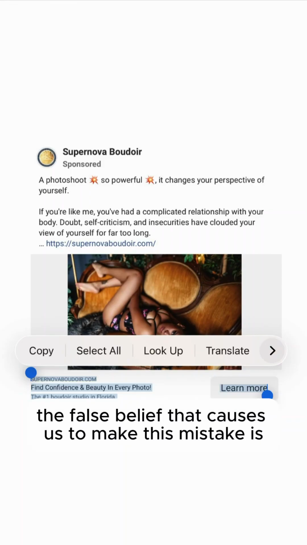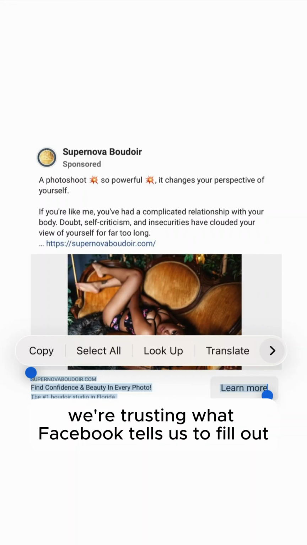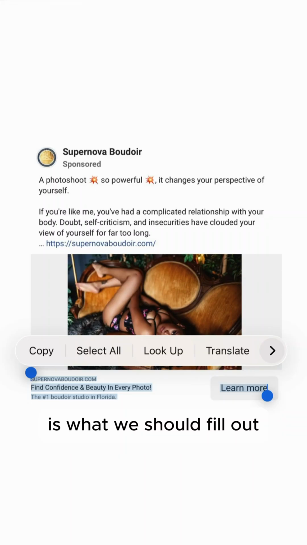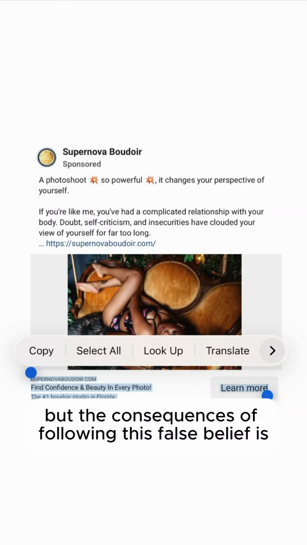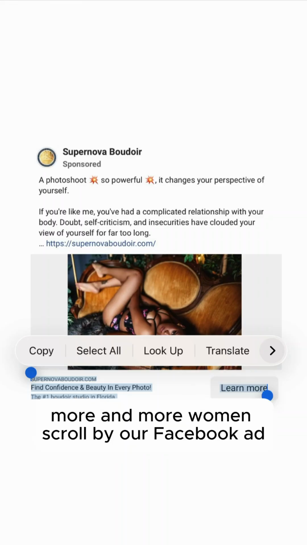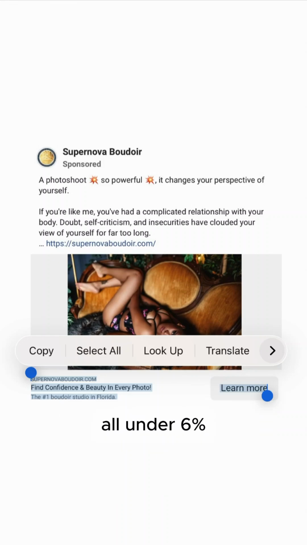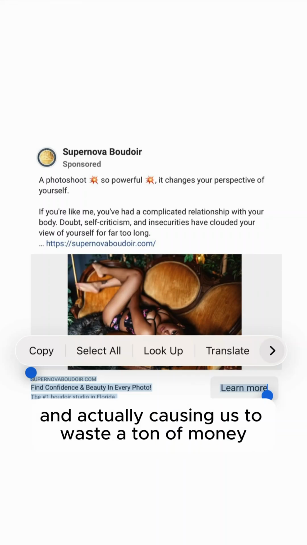The false belief that causes us to make this mistake is that we're trusting what Facebook tells us to fill out when we're setting up our ad is what we should fill out. But the consequence of following this false belief is more and more women scroll by our Boudoir Facebook ad out of 100, pulling our unique CTR under 6%, and actually causing us to waste a ton of money.